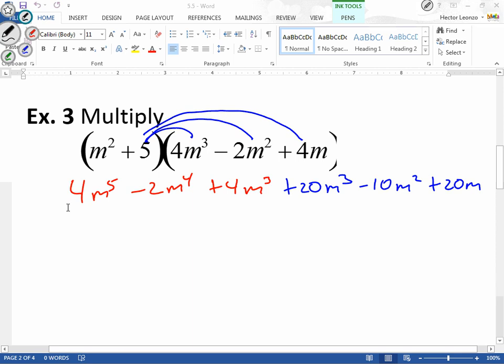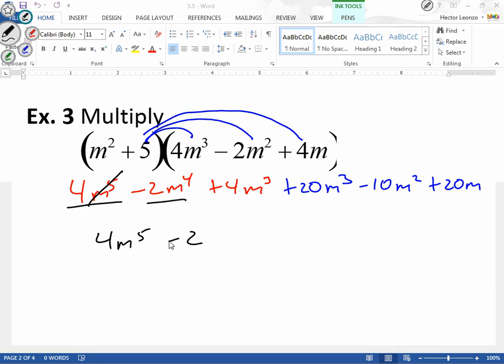The biggest exponent that I see is m to the 5th. That's the only term that I see, so I'm just going to write 4m to the 5th. Then m to the 4th is the only term that I see, so I'm just going to copy it, -2m to the 4th. When it comes to m to the 3rd, I see two terms. Combine the coefficients, 4 plus 20. I'm going to call that 24m to the 3rd.